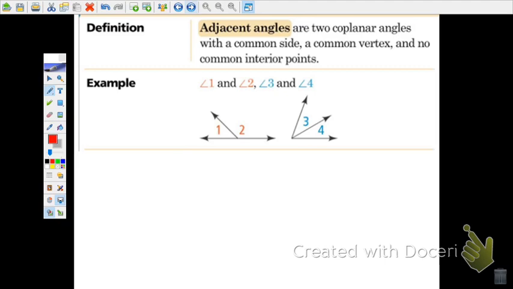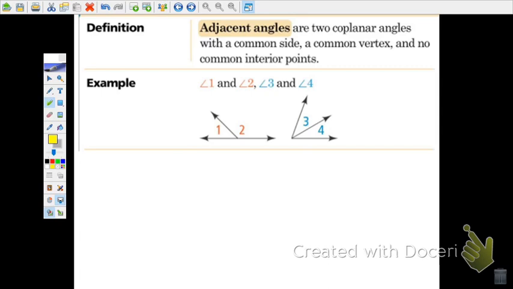The geometric definition says two coplanar angles. Coplanar means they're in that same flat surface with a common side, a common vertex, and no common interior points. So again, it just means two angles that are side by side.